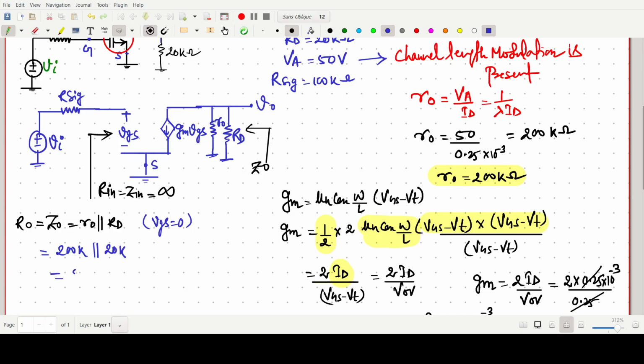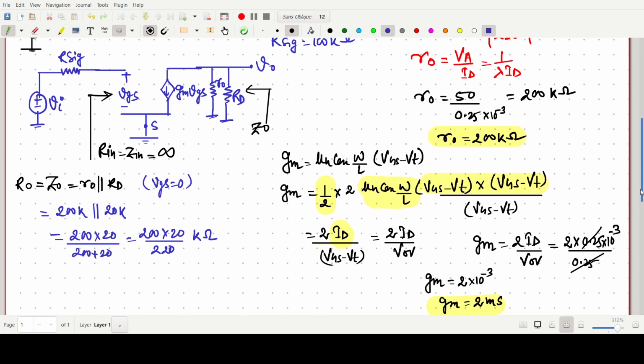Okay, so what we will do, we can write 200 into 20 by 200 plus 20. So 200 into 20 by 220 and kilo ohm. Because kilo square in the numerator and kilo in the denominator, so kilo cancels, kilo ohm. Okay, simple calculation.